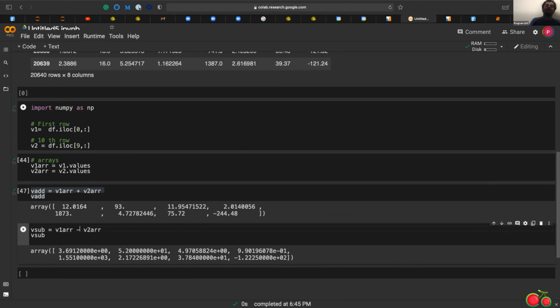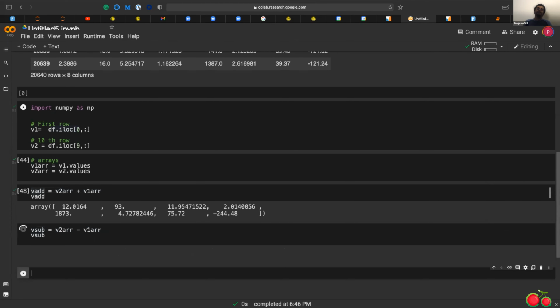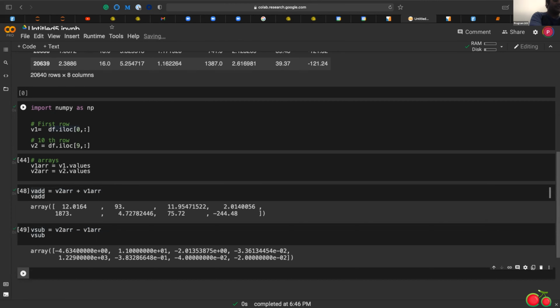I'm just subtracting elements. Although the mistake I made here was I should be subtracting the first one from the second one, the second one from the first one. That's how it's usually done. You always start with the second vector and subtract the first one.